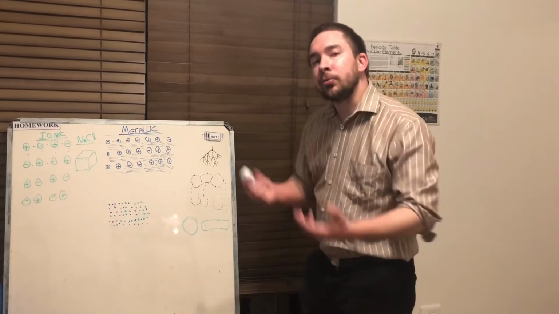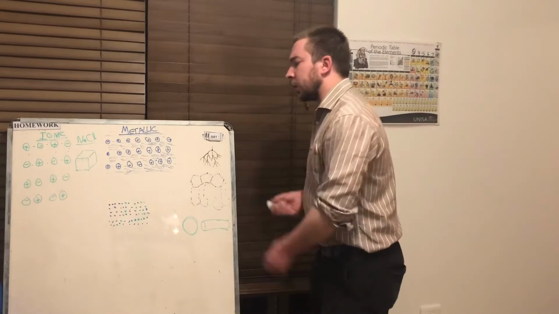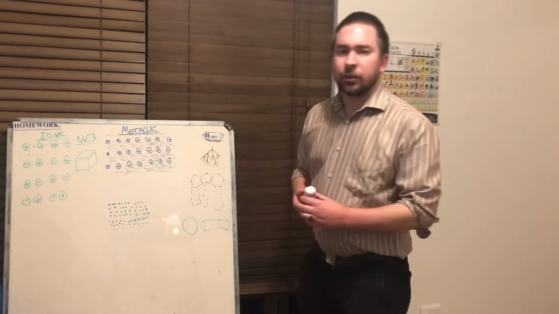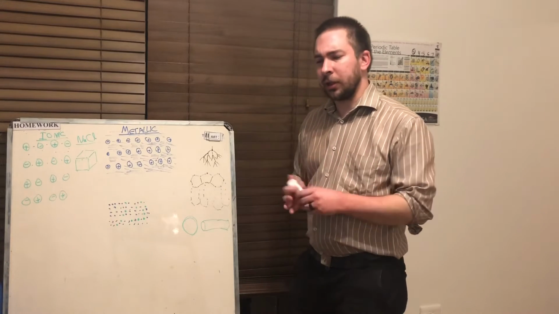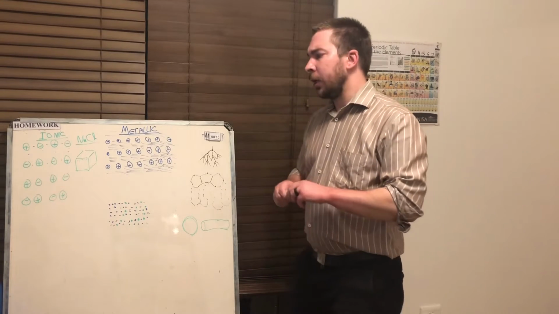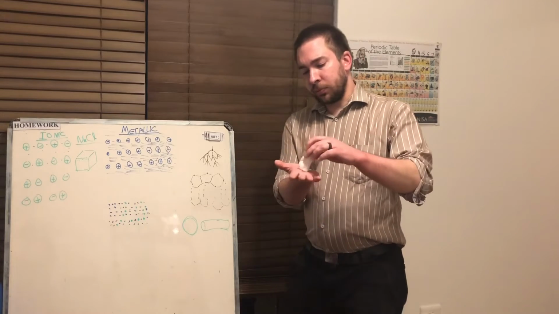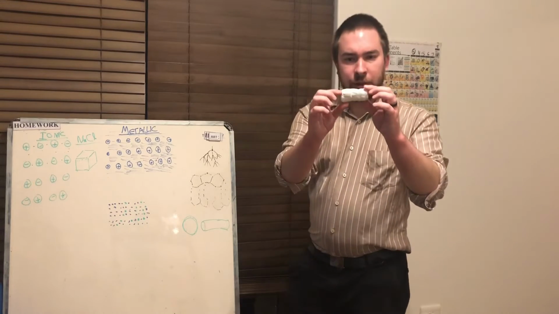We hear terms like malleable, ductile, high tensile strength, and they kind of get interchangeable. We think they are the same thing, but they're not really. Malleable, for example, meaning that, imagine this is a piece of metal.